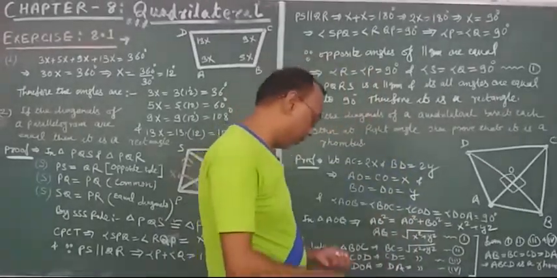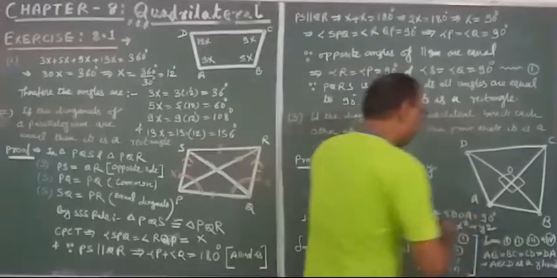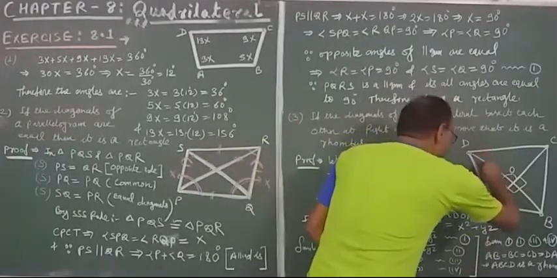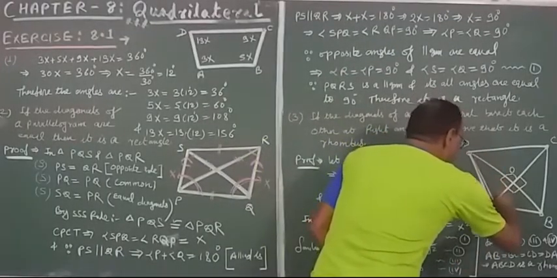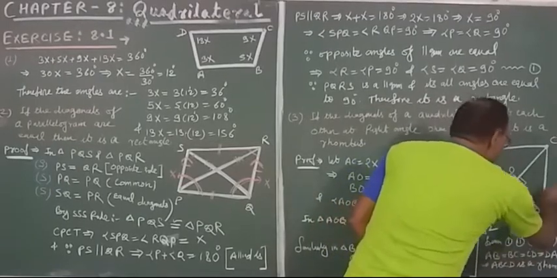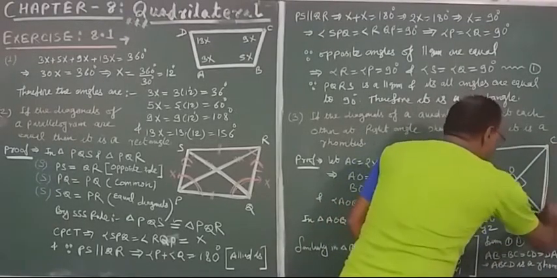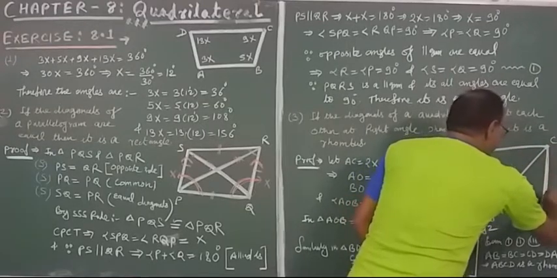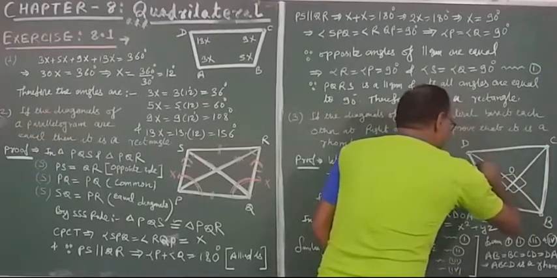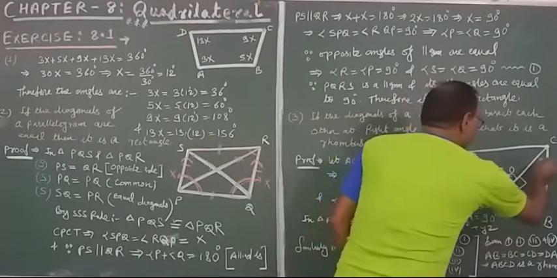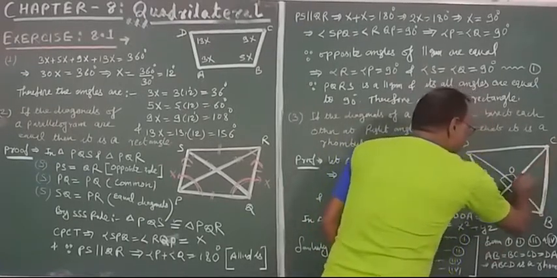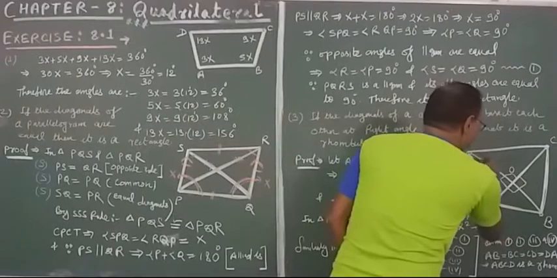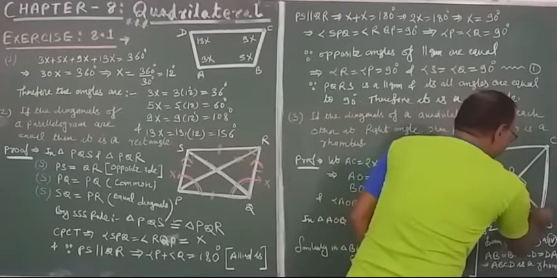So now just look here. Suppose this is a quadrilateral ABCD. This is the given quadrilateral in which the two diagonals are AC and BD. They bisect each other.